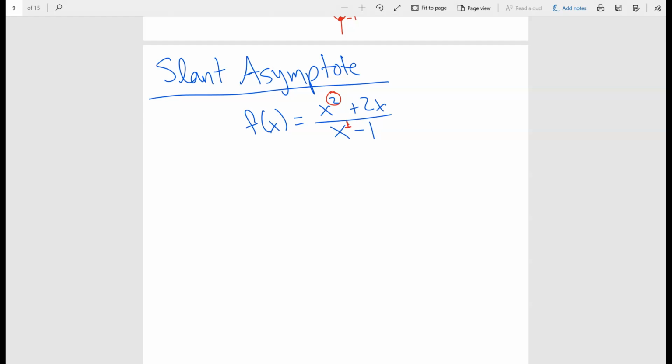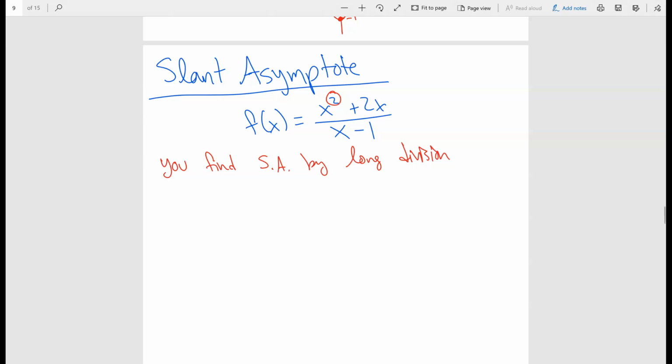How do you do that? You find the slant asymptote by long division. You can use long division or you can use synthetic division. Now, be careful when you do synthetic division. Remember that you want the denominator to be a linear factor.